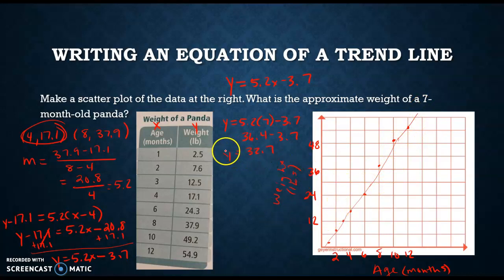And so it should weigh approximately 32.7 pounds is how much a 7-month-old panda should weigh. And we used a trend line to get that information. I hope that helped, and I hope that was understandable.